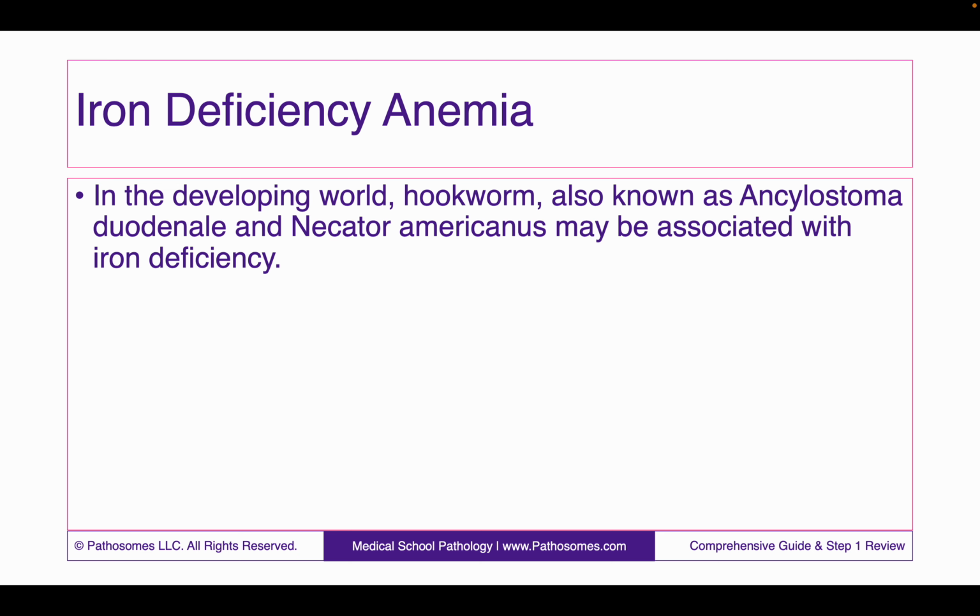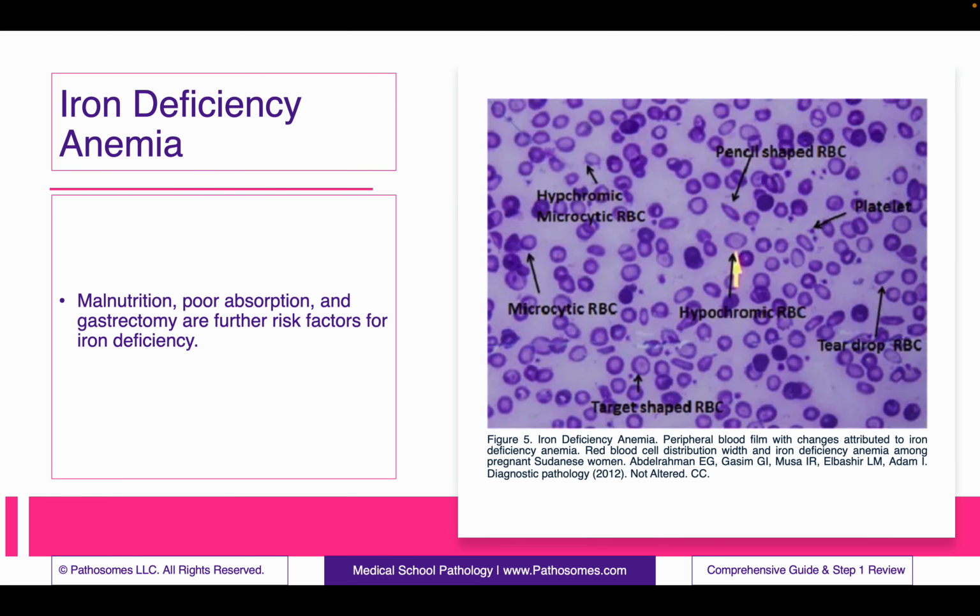In the developing world, hookworm, also known as Ancylostoma duodenale and Necator americanus, may be associated with iron deficiency. Malnutrition, poor absorption, and gastrectomy are further risk factors for iron deficiency.